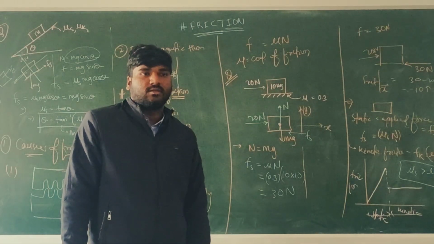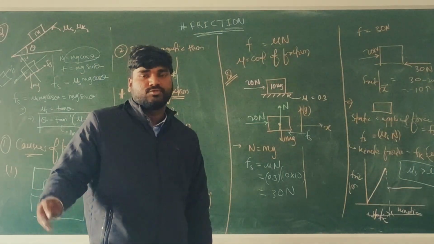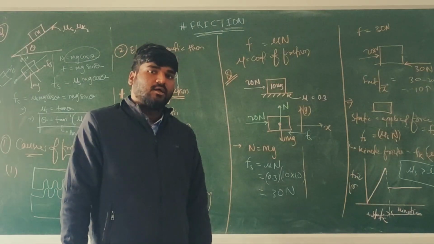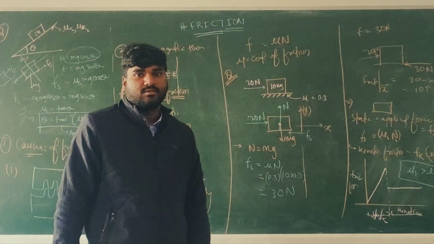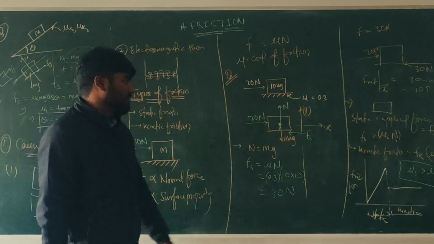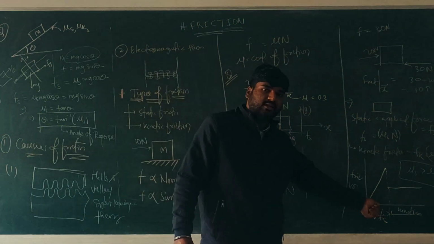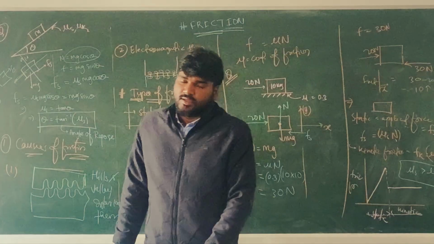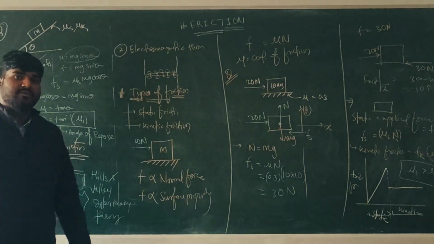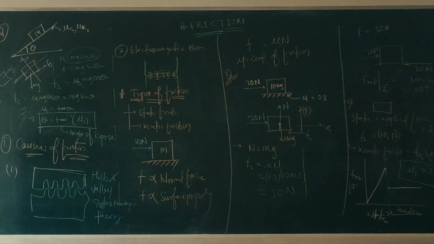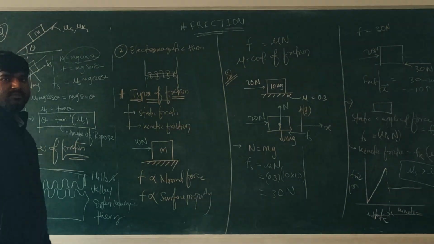Mu s provides the maximum opposing force, and mu k provides the sliding force. This is called the friction profile, so you have to keep an eye on this one. And lastly, we find the angle of repose. Okay, so this is our summary class. Thank you. Bye bye.